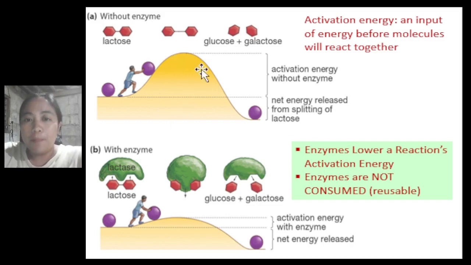The upper part is without the enzyme, and you can see the difference: without the enzyme, we need a lot more energy for the reaction to proceed, while with the enzyme the activation energy is lowered. But enzymes are not consumed during the reaction, so they are reusable. The enzyme lowers the activation energy only.